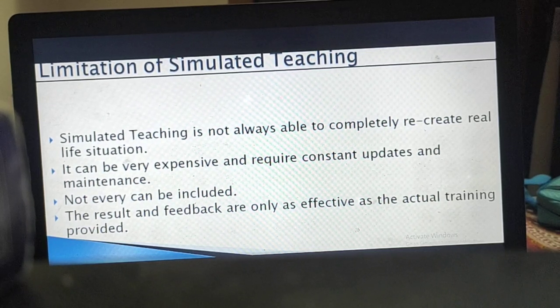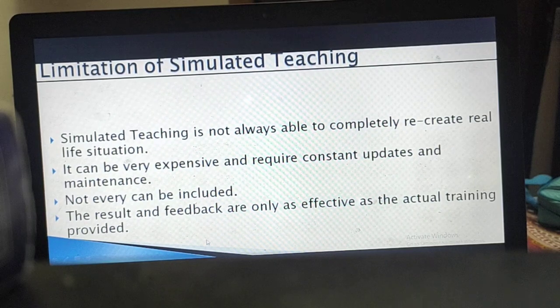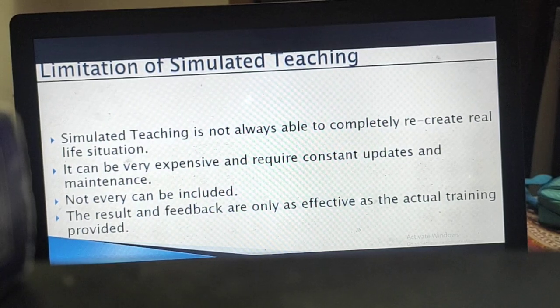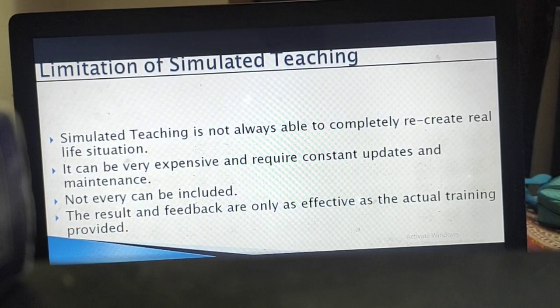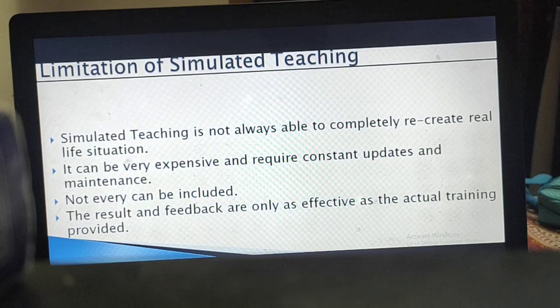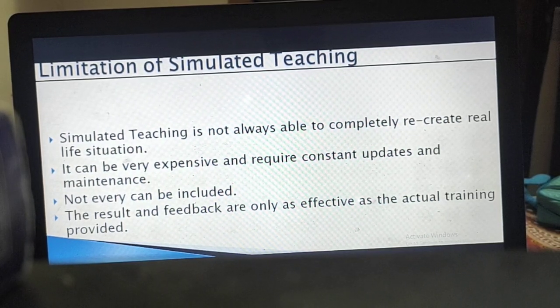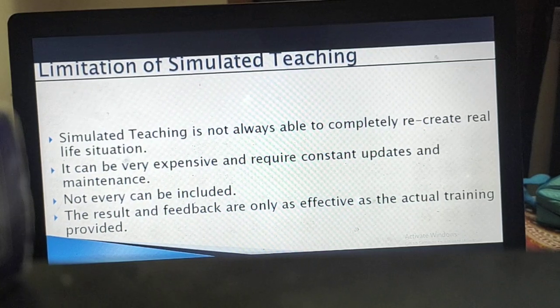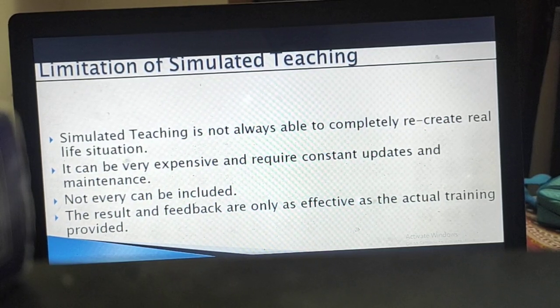Not everything can be included. The result and feedback are only as effective as the actual training provided. If the supervisor is not properly trained, the simulated teaching cannot be appropriate.